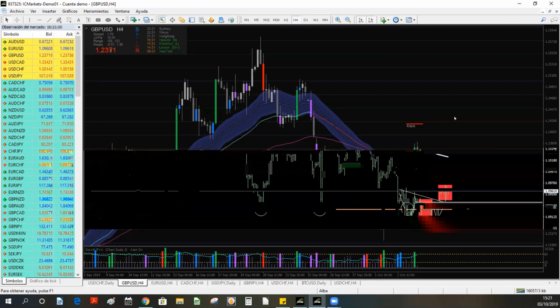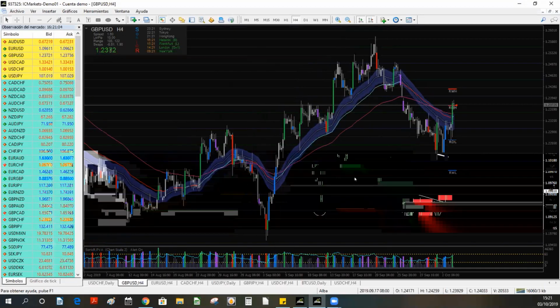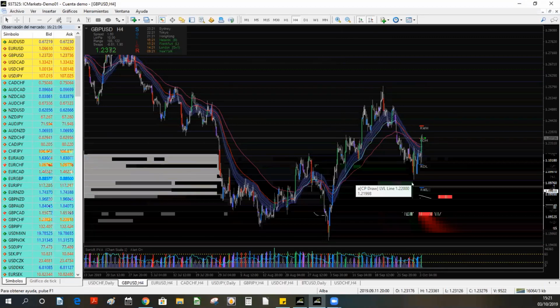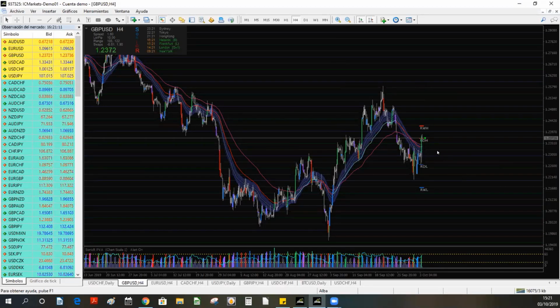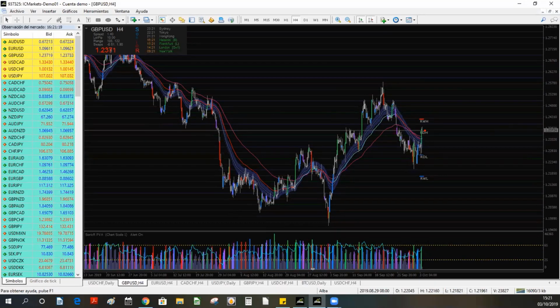Would you be a seller at your RWH level, that red thing up there? I'm long British pound dollar, but this is a very risky trade because of Boris Johnson. So everybody be careful.